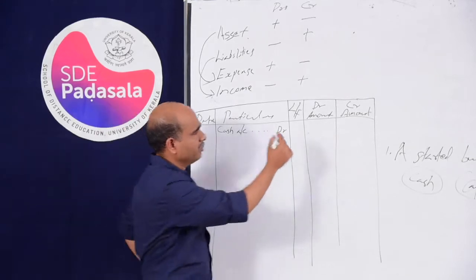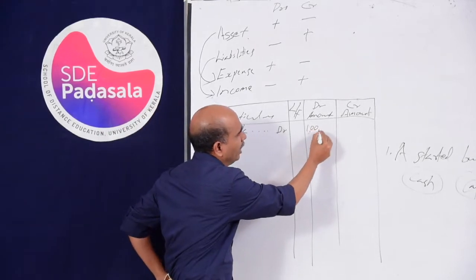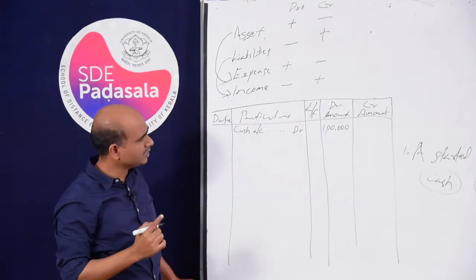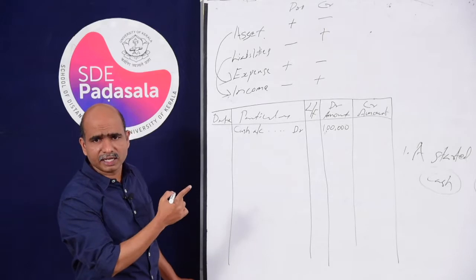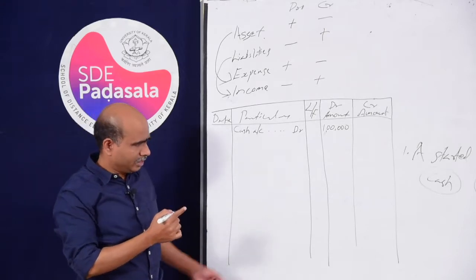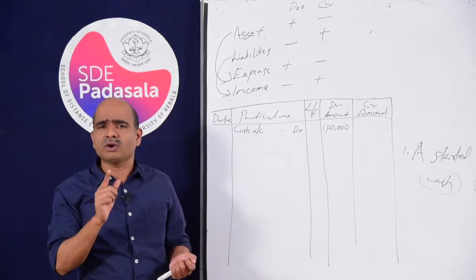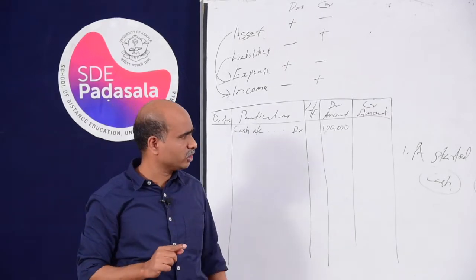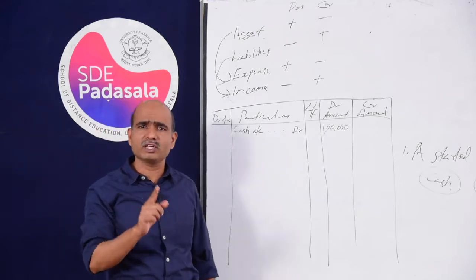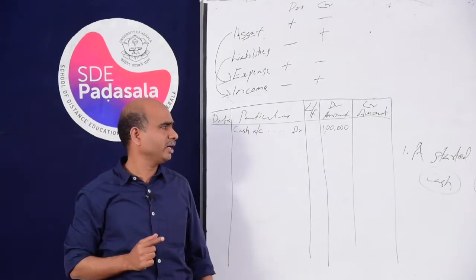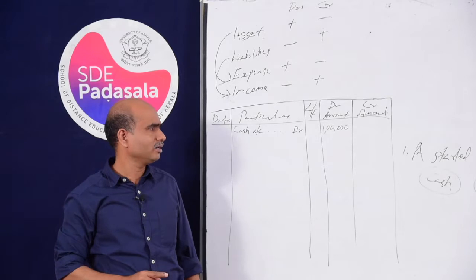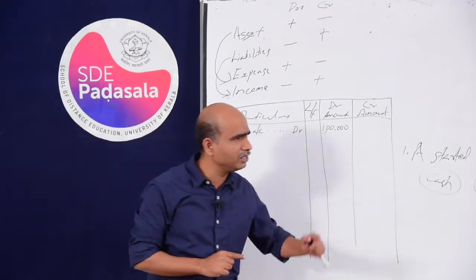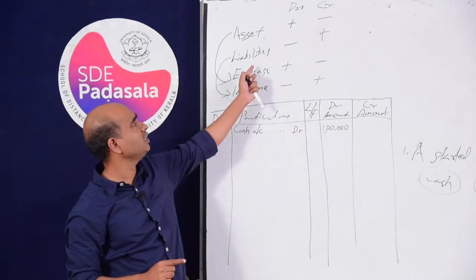What is the amount in the debit column? 1 lakh. What is the credit item? Is capital a credit item? Capital is the amount given by the owner. According to the separate entity concept, the amount invested by the owner should be repaid by the business to the owner. So, that is a liability for that business. So, capital is a liability. What is the principle of liability?